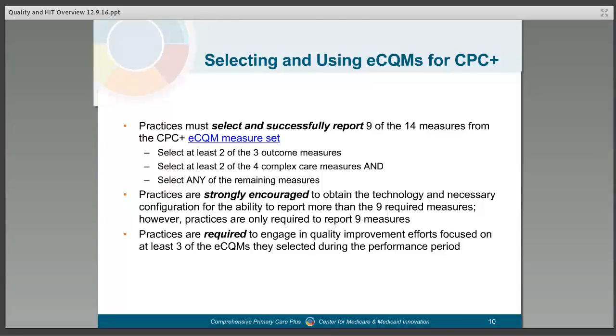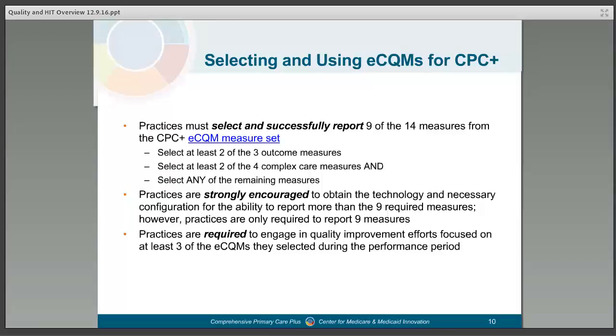And then tied into our primary care functions, the transformation that you're going to be doing in your practice, you are required to select at least 3 of the eCQMs for your quality improvement efforts in your practice. And you might wonder, why are you only requiring me to select 3 for quality improvement efforts, but we have to report 9?